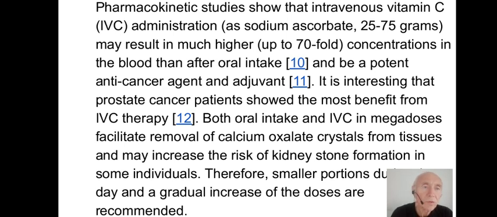Otherwise you can get kidney stone formation in some individuals, not always. Therefore, smaller portions during the day and gradual increase of the doses are recommended.